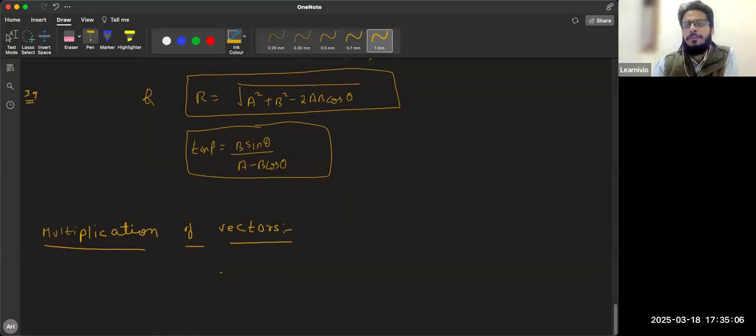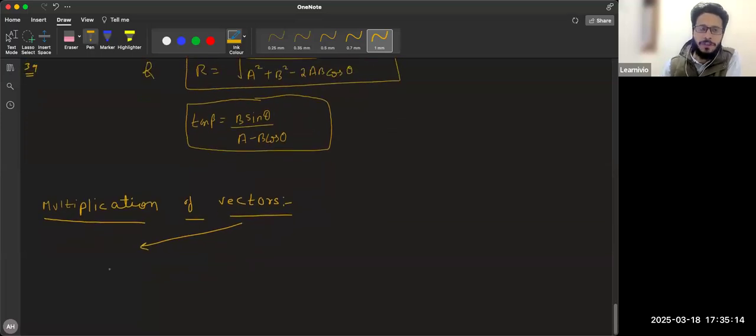Now, the last topic in vectors is multiplication of vectors. In multiplication of vectors, there are basically various types of multiplication. Vector with a number. You can multiply a vector with a number. Then you can multiply a vector with a scalar.